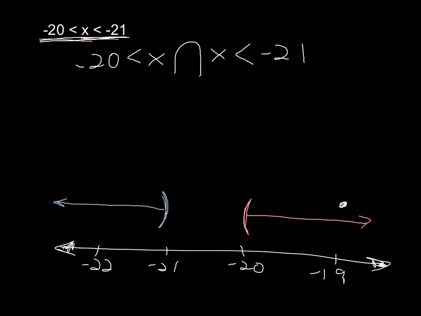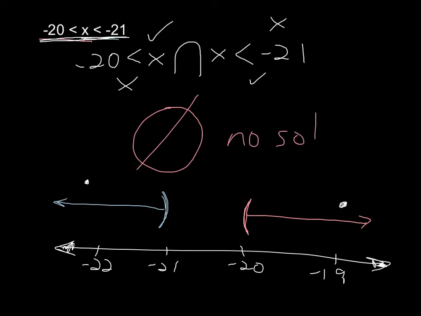Well, sure, it works for x is greater than negative 20, but it doesn't work for x is less than negative 21. What about negative 22? This time it works for x is less than negative 21, but it doesn't work for x is greater than negative 20. So this statement doesn't work. There are no solutions.